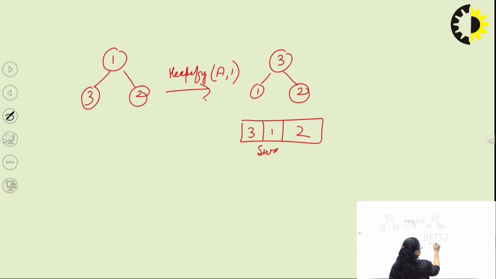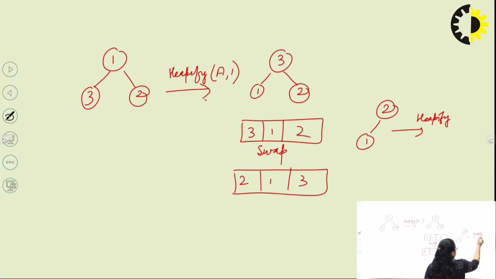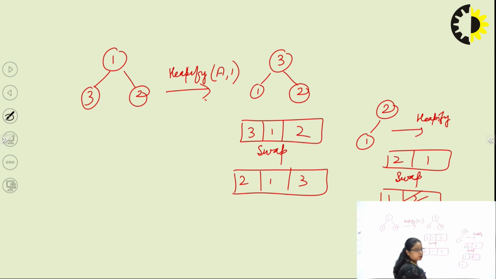Swap. So it will become 2, 1, 3. Again we'll build the tree 2, 1. Heapify. Same. So it will generate 2, 1. Swap. We are left with 1, 2. We are left with one node that is already sorted.